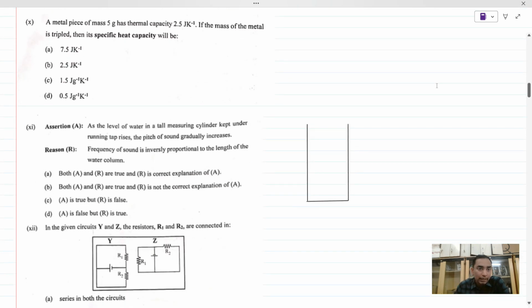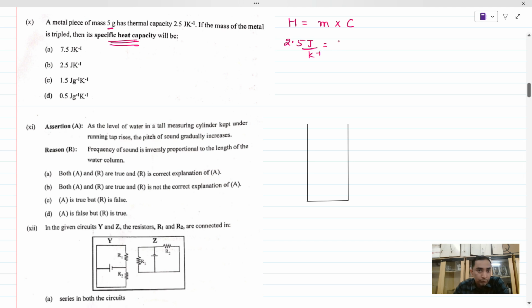I can directly see specific heat capacity does not depend upon mass. It is defined for unit mass, unit rise in temperature. Now, they are giving us a metal piece has mass 5 grams. Heat capacity is basically mass into specific heat capacity. This is 2.5 joule per Kelvin, right?